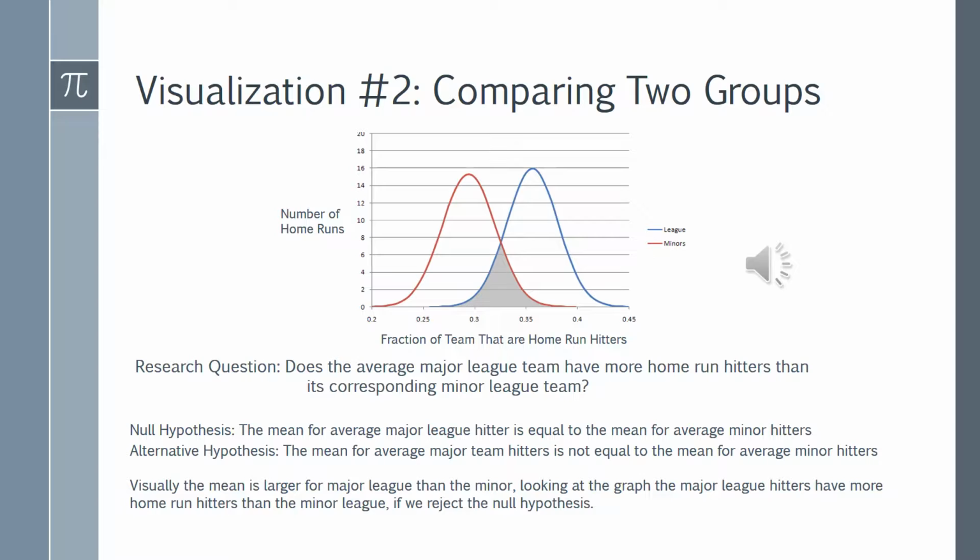The major league has more home run hitters than the minor leagues. So we can reject the null hypothesis in this scenario.